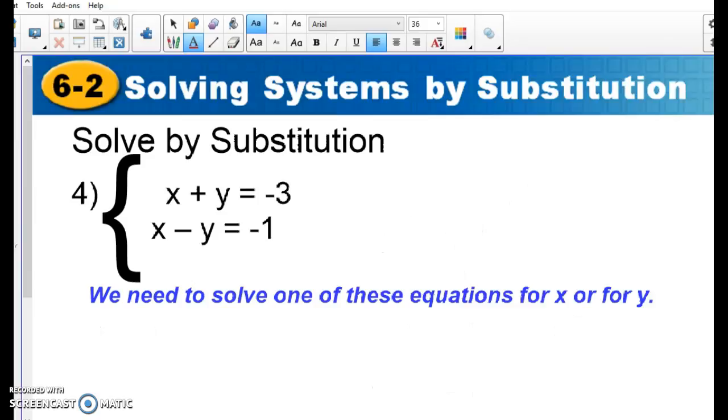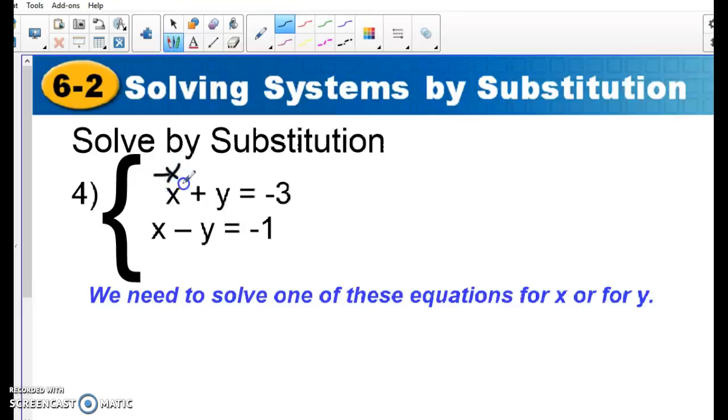These problems are going to be a little more difficult because they don't say y equals or x equals right away. It says x plus y equals negative 3 and x minus y equals negative 1. So we need to make them say x equals or y equals. Let's make this top one say y equals. That means I need to get rid of this positive x, so I subtract x from both sides.